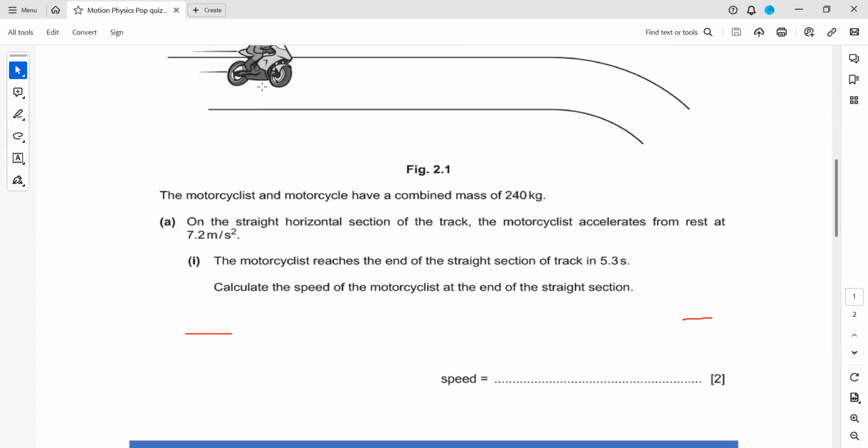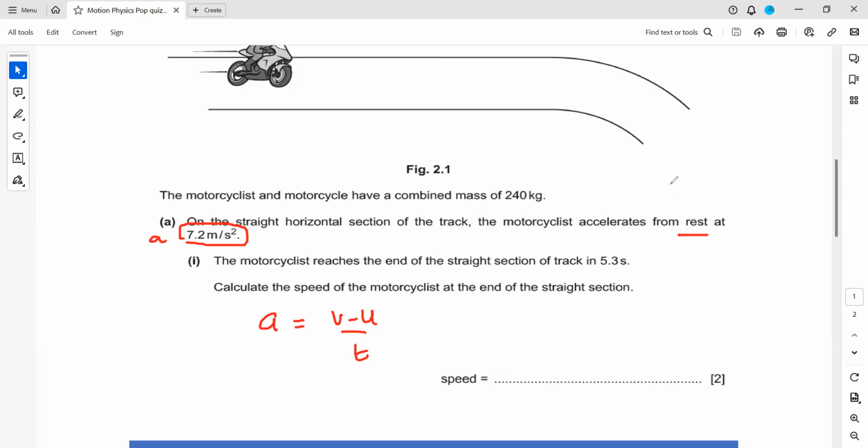So to work out the final speed, we'll use a formula of acceleration. So we have the formula: acceleration is a change in velocity divided by time. The acceleration is given 7.2, so A is equal to 7.2.